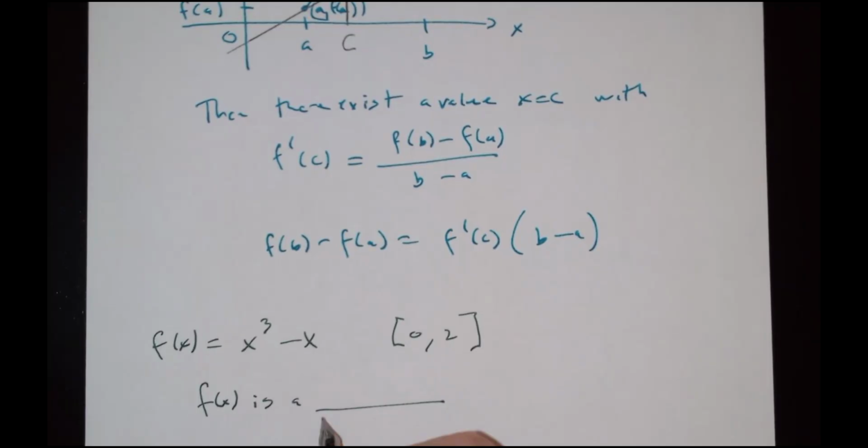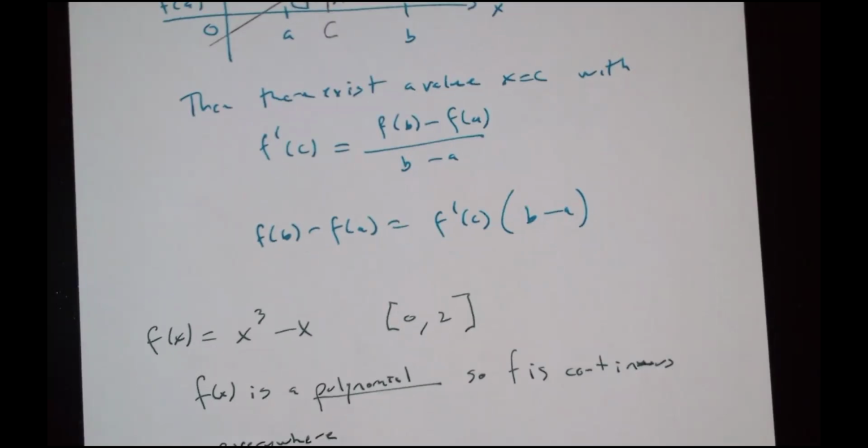A polynomial. So f is continuous where? Everywhere. If it's continuous everywhere, it's definitely continuous between A and B, right?